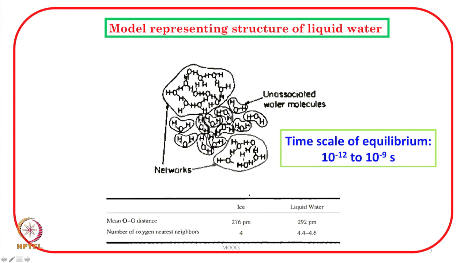This increase or decrease in structure of water is associated with changes in thermodynamic quantities. Like increase in structure of water, more hydrogen bonding means delta H will be negative. Increase in structure of water, more structure means heat capacity will increase. Increase in structure of water means the entropy will decrease.